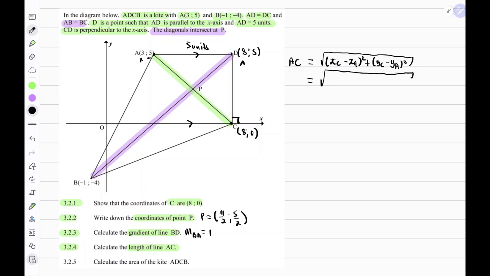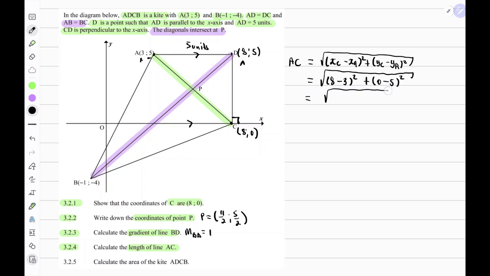Square root of (XC is 8 minus 3) whole squared plus (YC, 0 minus 5) the whole squared.